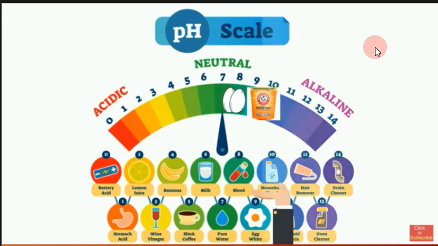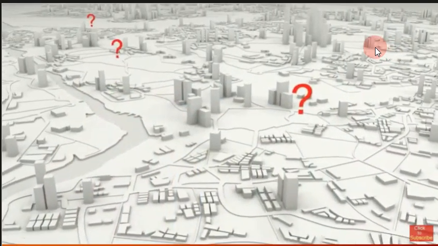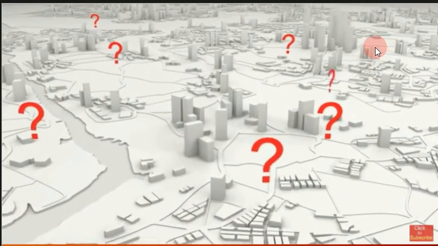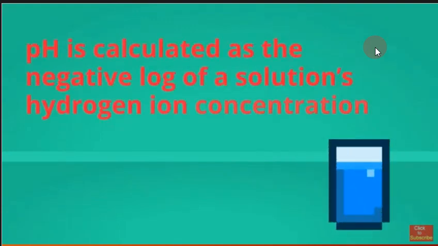Next, the pH scale has colors that go along with acids and bases. Acids are yellow, then change to orange, then to red. And bases are green, then to blue, and almost purple. Again, remember B for base and blue. So what creates an acid or a base? Technically, pH is calculated as the negative log of a solution's hydrogen ion concentration.